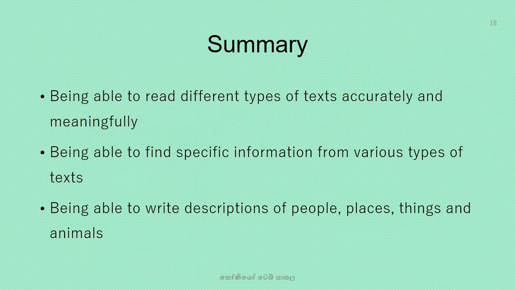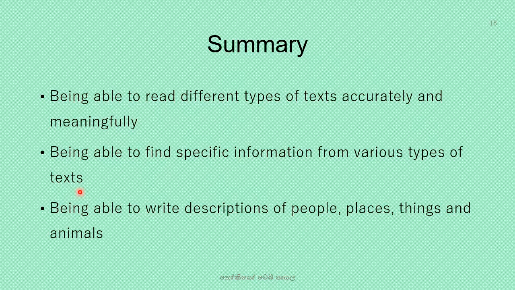With this, we end the lesson for today. So if we look at what we discussed today, first we made sure that we can read different types of texts accurately and meaningfully by reading and acting out. And then we did a couple of exercises on finding specific information from various types of texts.